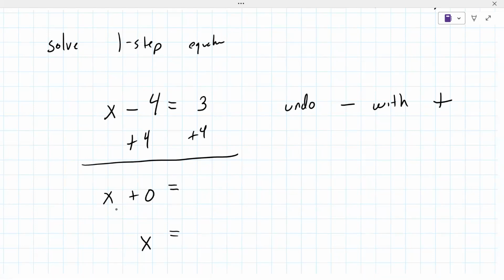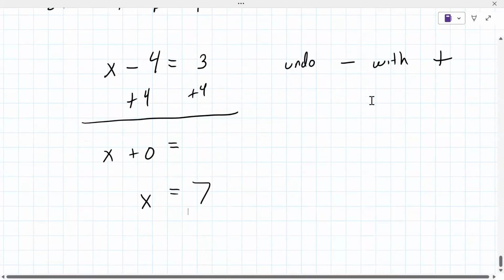What about on the right? What's 3 plus 4? 7. Yes. So you undo subtraction with addition. So let's look at another one here. Let's say it's x plus -3 equals 9. How do you undo plus -3?